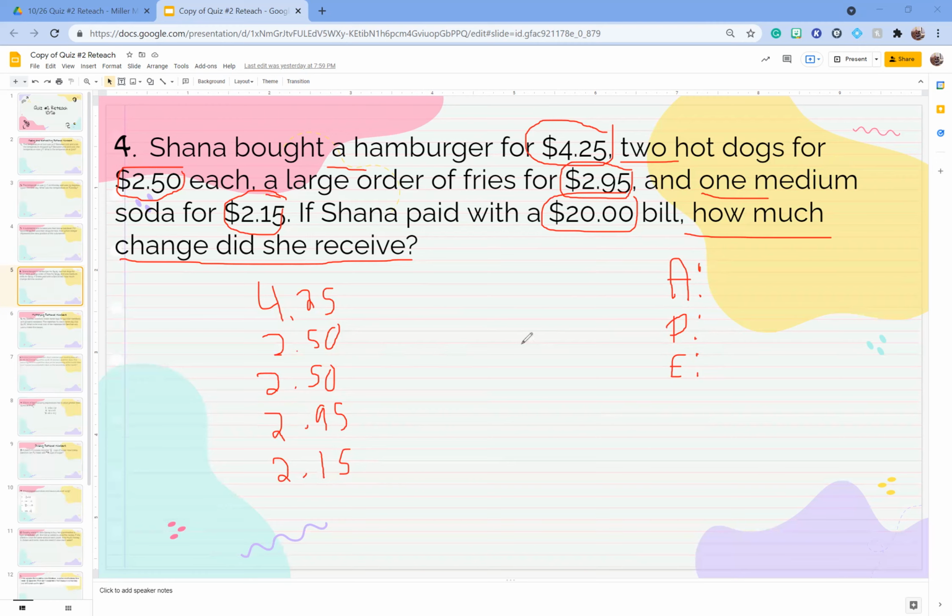Now for planning, we first need to add to find the total, then subtract to find the change. So we're going to add to see how much she needs to pay. And we know that she's going to pay with a $20 bill. So whatever we get here, we need to take away from the 20. Whatever we have left should be our change.